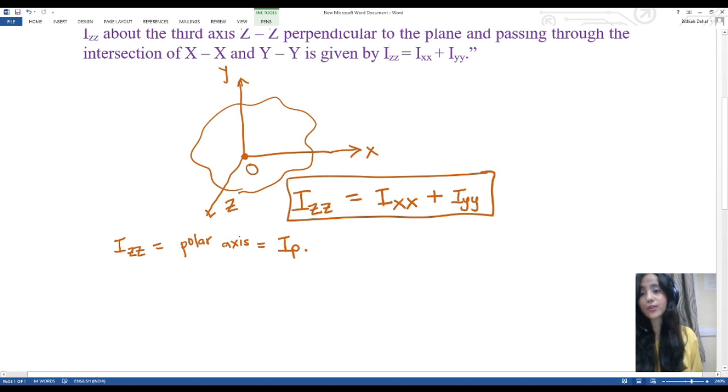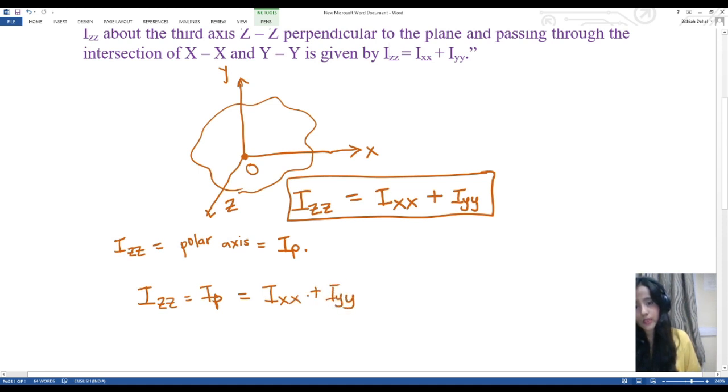This perpendicular axis theorem is also known as the polar axis theorem. The moment of inertia about the axis ZZ is called the polar moment of inertia, denoted by IP. Since Izz is equal to IP, I can also write it as Ixx plus Iyy.